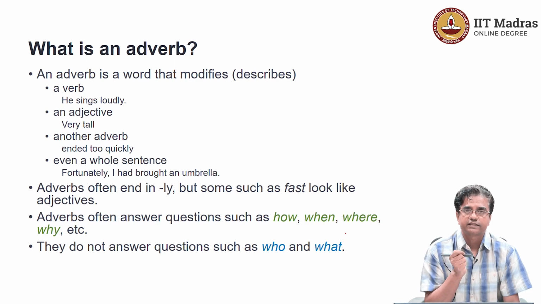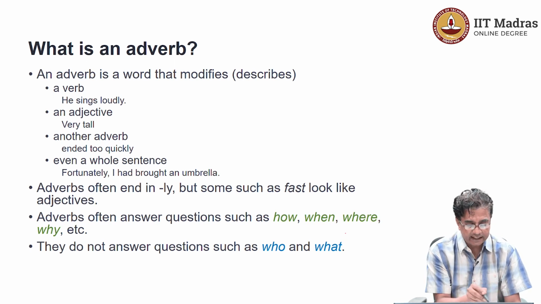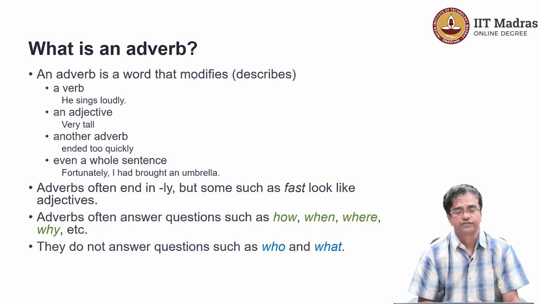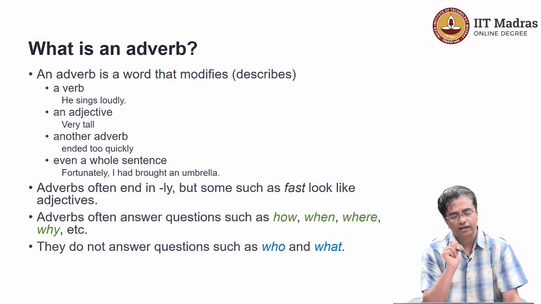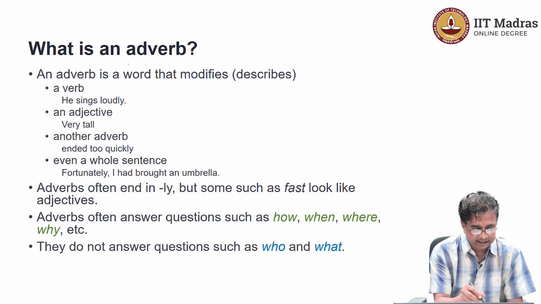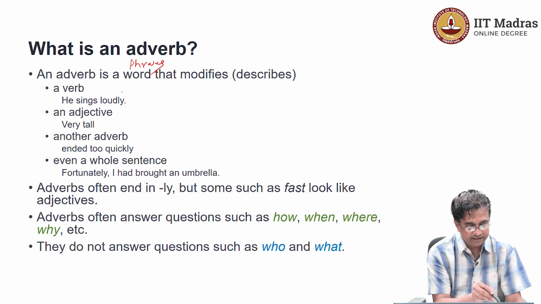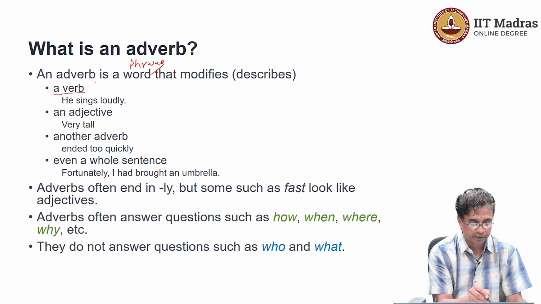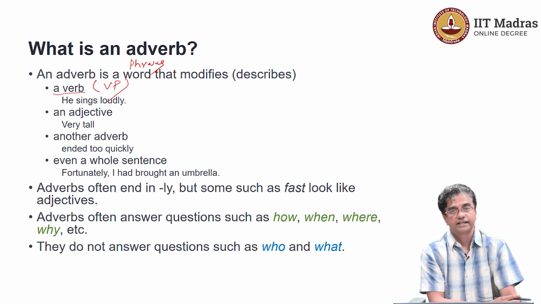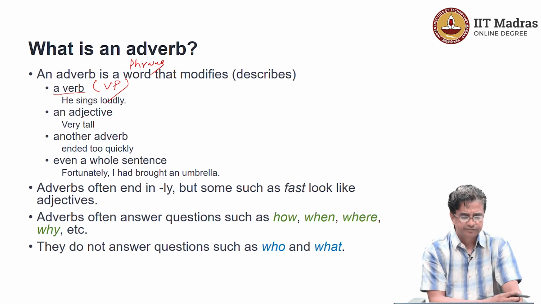One can always get away by saying an adverb is a word that modifies or describes a verb. Even when they are a word, basically they are phrases. They modify or describe a verb, true, but more specifically, we can say they modify or describe a verb phrase.